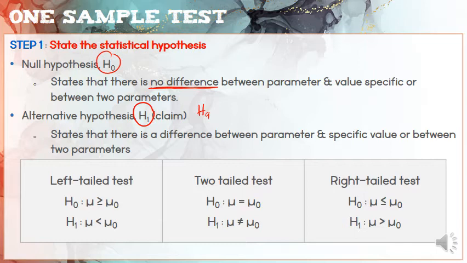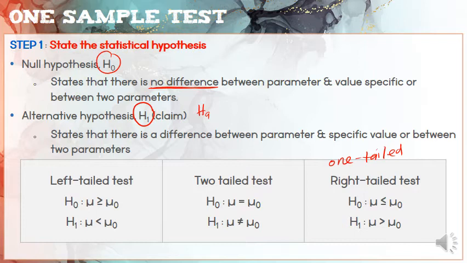Alright, so kita ada a few ways, okay, depending on the test is a one-tail test or it's a two-tail test. We have left-tail test, two-tail test, and right-tail test. So the left and right-tail test ini sometimes called one-tail test. Okay, sebab dia one-sided.